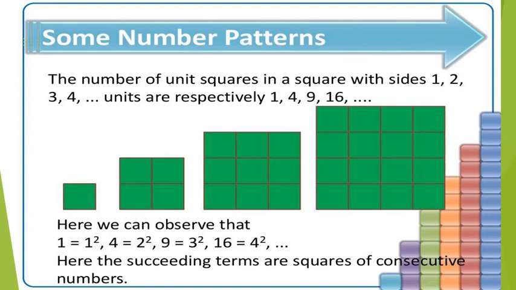Here, you can observe that for the first figure, 1 is equal to 1 square. For the second figure, there are 4 squares, so you can write 4 as 2 to the power 2. Similarly, for the third figure, 9, you can write it as 3 to the power 2. And for 16, 4 to the power 2. Here, the succeeding terms are squares of consecutive numbers.